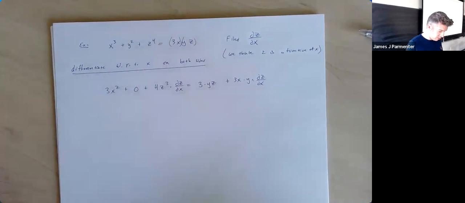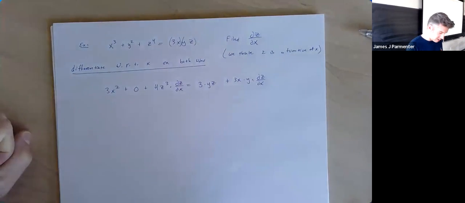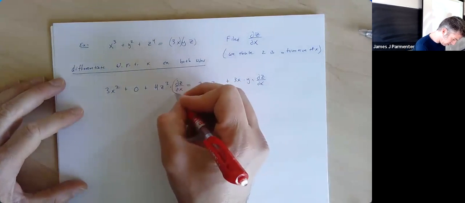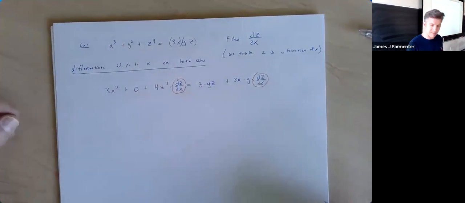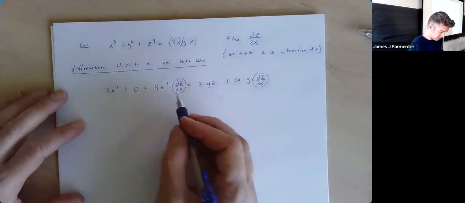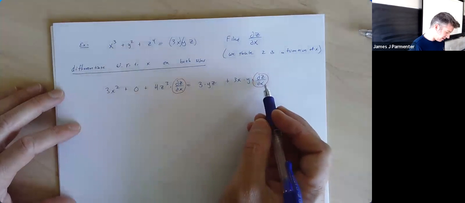And then we do the usual thing where we use algebra to solve for the derivative. I'm going to bring all those terms to the same side. It doesn't matter which side you pick. I'm going to bring all the terms with del z del x to the left.